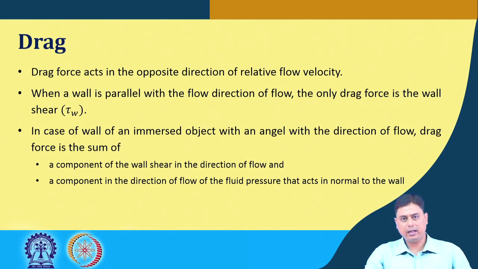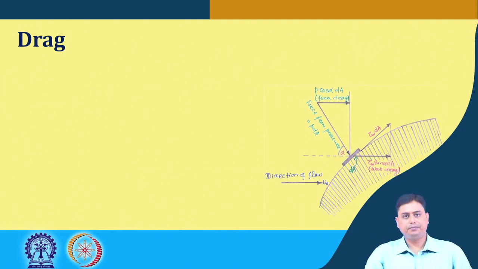So pressure acts normal to the wall, but it has a component in the direction of the flow, because the wall makes an angle with the direction of the flow. The sum of these two components gives us the overall drag force. This is the scenario I was talking about.